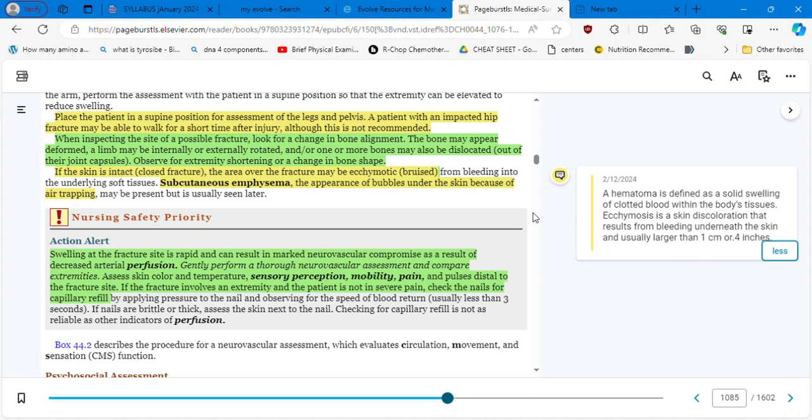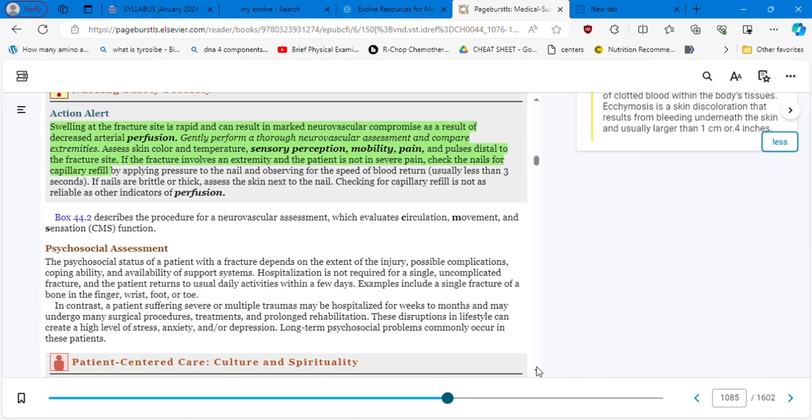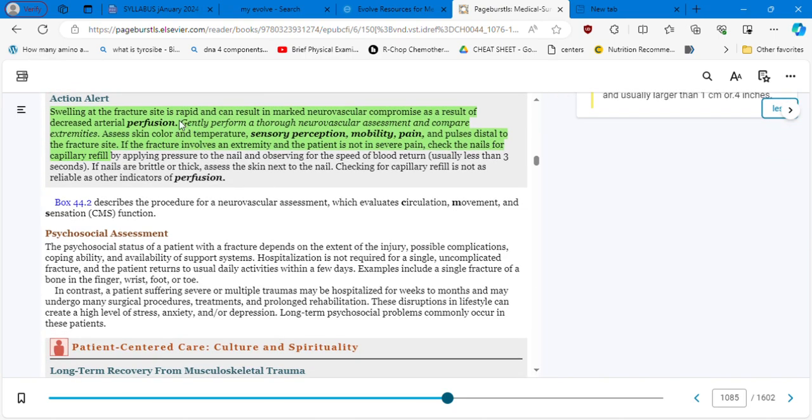We learned about subcutaneous emphysema, the difference between paresis, muscle spasm, hematoma, ecchymosis, all this related to the musculoskeletal system. Swelling at the fracture site is rapid and can result in marked neurovascular compromise. That's why neurovascular assessment is important as a result of decreased arterial perfusion.